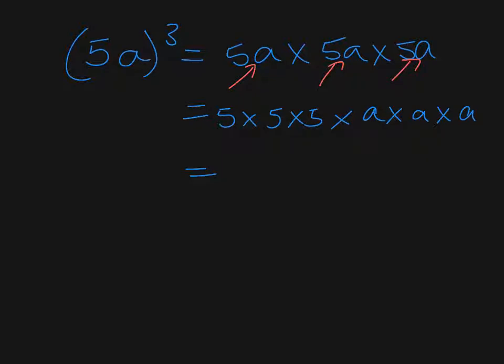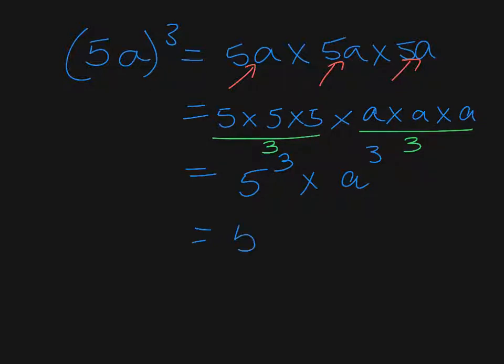So here we have our 5s, we have 3 of them, and we have our a's, and we also have 3 of them. So the answer here would be 5 to the power of 3 multiplied by a to the power of 3. Can you guess how we can further simplify that? So basically, it is 5a to the power of 3.